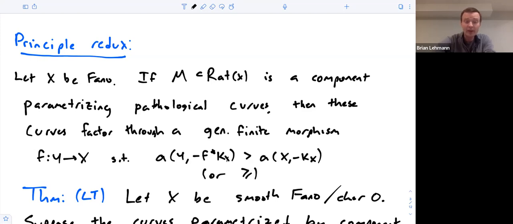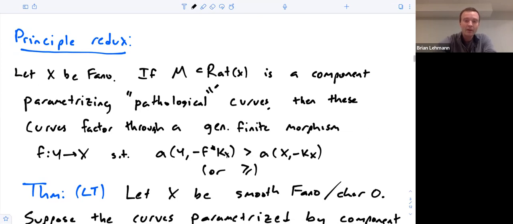And suppose that it parametrizes pathological curves in some sense. Again, we haven't really made this precise. Then we can expect that the curves factor through a generically finite morphism f from Y to X, such that the a invariant, the Fujita invariant of Y with respect to the pullback of the canonical divisor, is strictly larger than the Fujita invariant of X with respect to minus K_X.